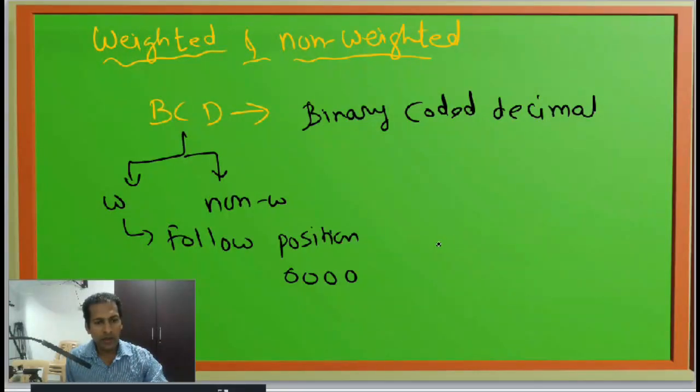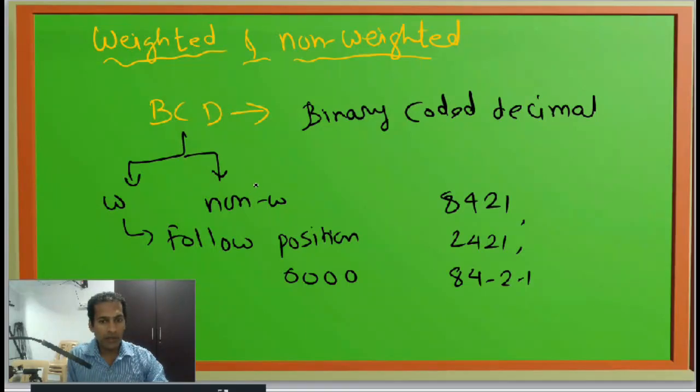So 8421, 2421 and 84-2-1 are weighted codes. Non-weighted codes are the codes in which no weight is assigned to each digit position; each digit position within the number is not assigned a fixed value.